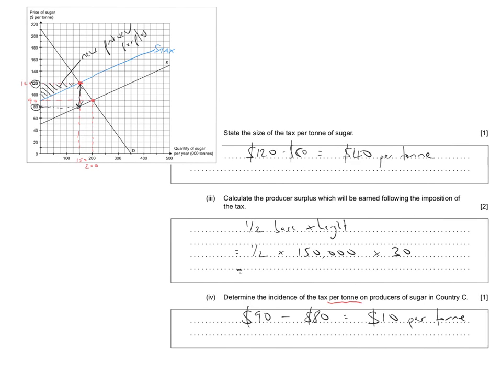And this then gives us a total value for that producer surplus of $2,250,000.